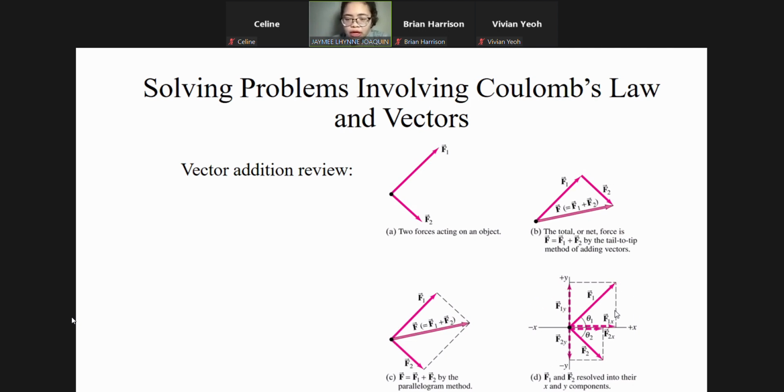Same goes for letter D. Letter D would be for x and y components, and the sine and cosine method, wherein angles are involved in the mathematical principle. So sine, cosine, if there would be cases that it produces different angles, then you'll use the correct, or the allotted mathematical principle for that.